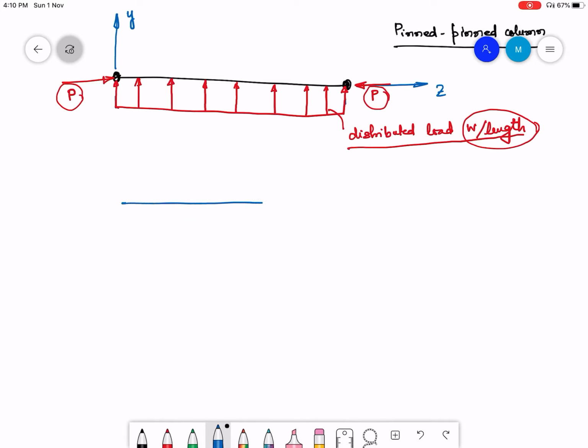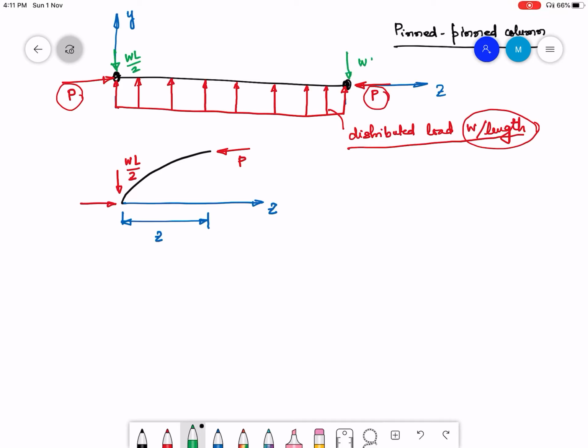So this is the Z direction, and I'll take a small portion up to some Z. The forces that act on this are P, and then we have reaction forces acting, which are WL by 2, one at each end.